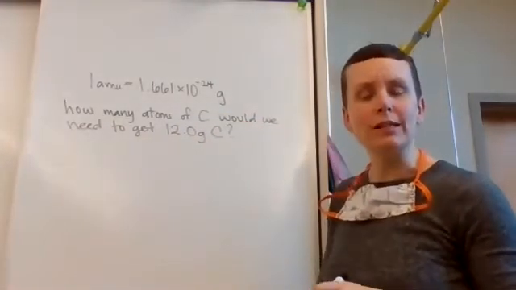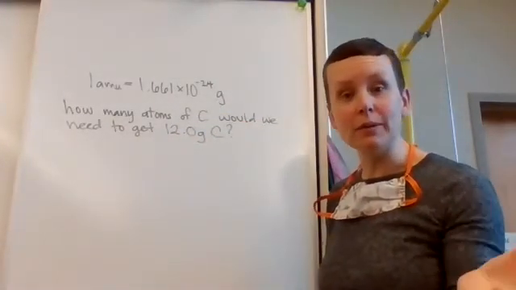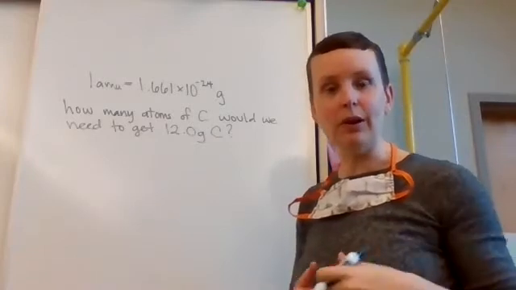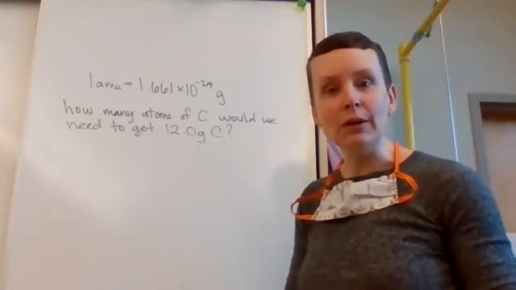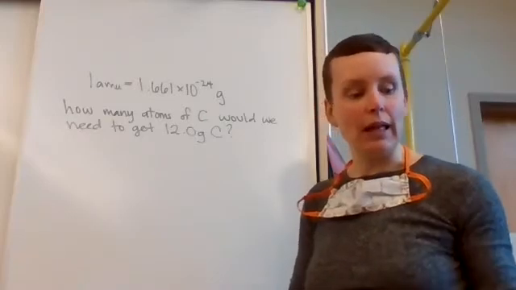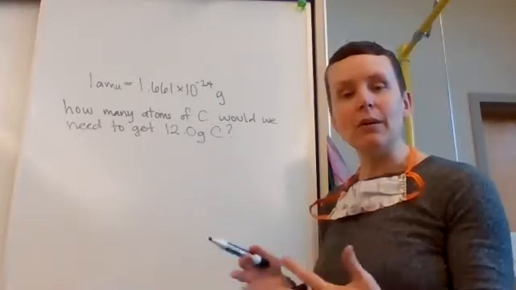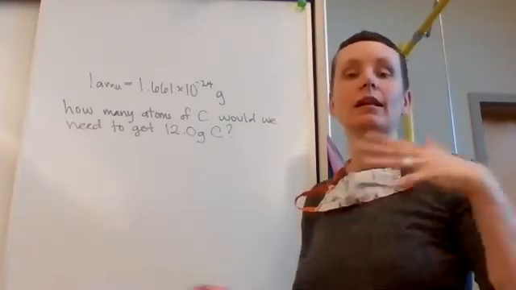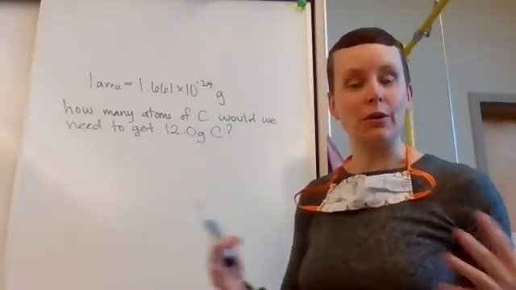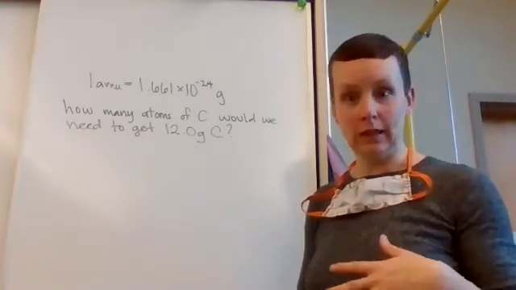Why 12.0? Well, I just pointed out that carbon's atomic mass on the periodic table is 12.0 AMUs. So how many atoms of carbon would we need to get 12.0 grams, the same number of grams that the single atom would weigh in AMU? That gives the number double meaning.